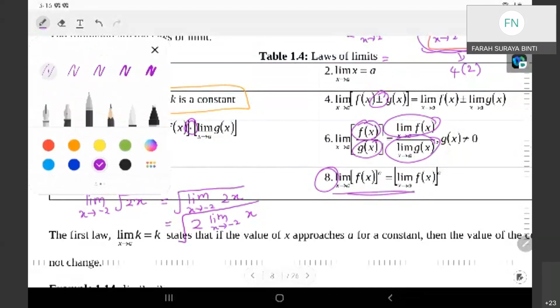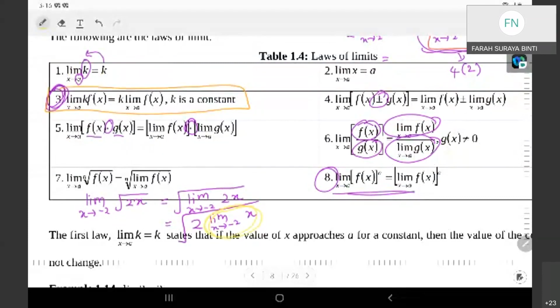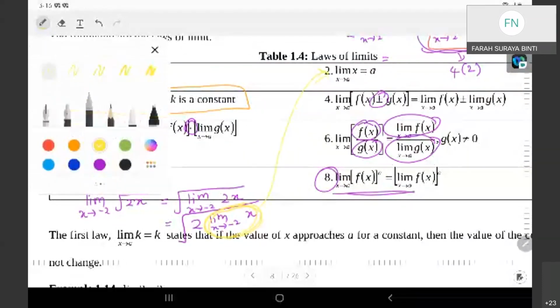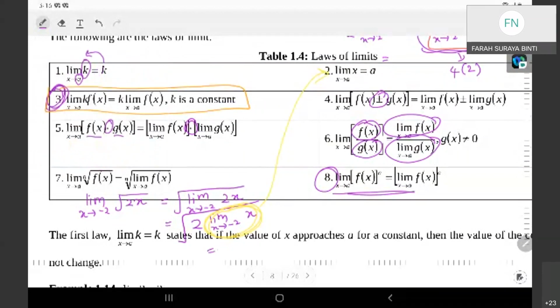And then for this term yang ni, kita boleh apply law number 2. So dapat jawapan, saya contoh kat sini je lah. Ni dapat jawapan dia negative 2. So square root, dapat square root 4. Ini jawapan dia. Salah lah ni, square root 4 tak dapat jawapan. Saya saja je bagi soalan macam ni, tapi sebenarnya tak ada soalan macam ni yang ada square root 4. Saya hanya nak tunjukkan law mana yang kita boleh gunakan. Macam tadi, first kali kita guna law number 7, and then law number 3 and law number 2.